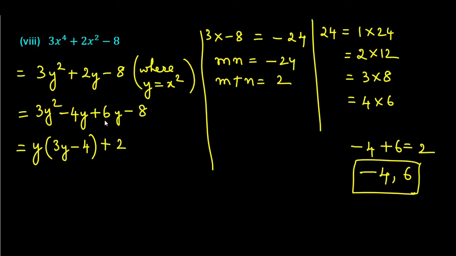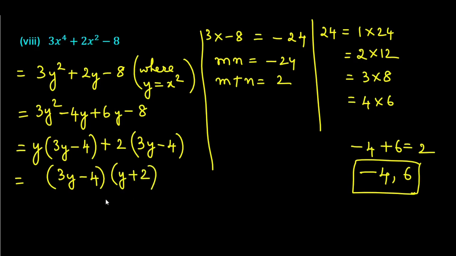Instead of taking minus 2, we have to take plus 2 as a common factor. 3y minus 4. Here 3y minus 4 into y plus 2. This is equal to 3x square minus 4 into x square plus 2.